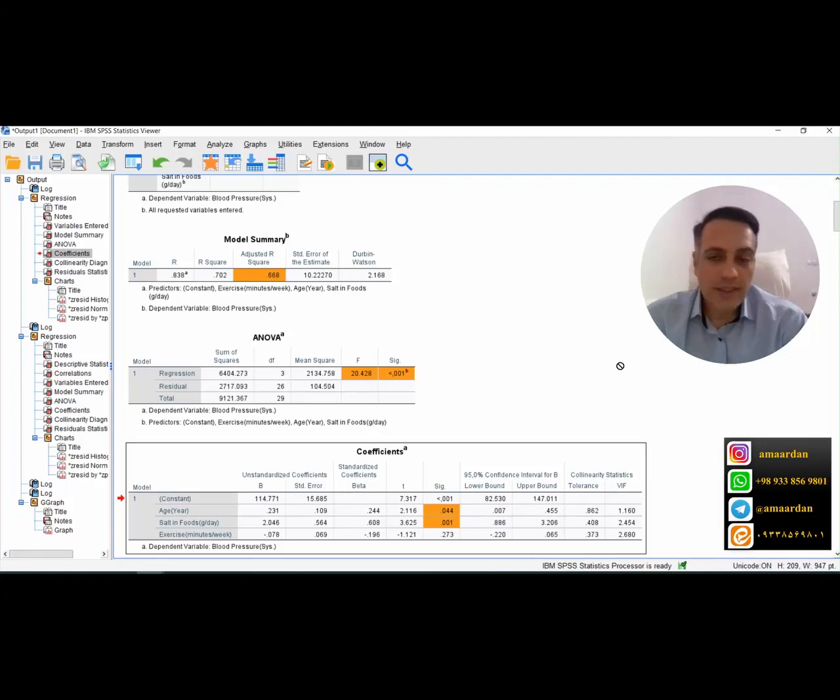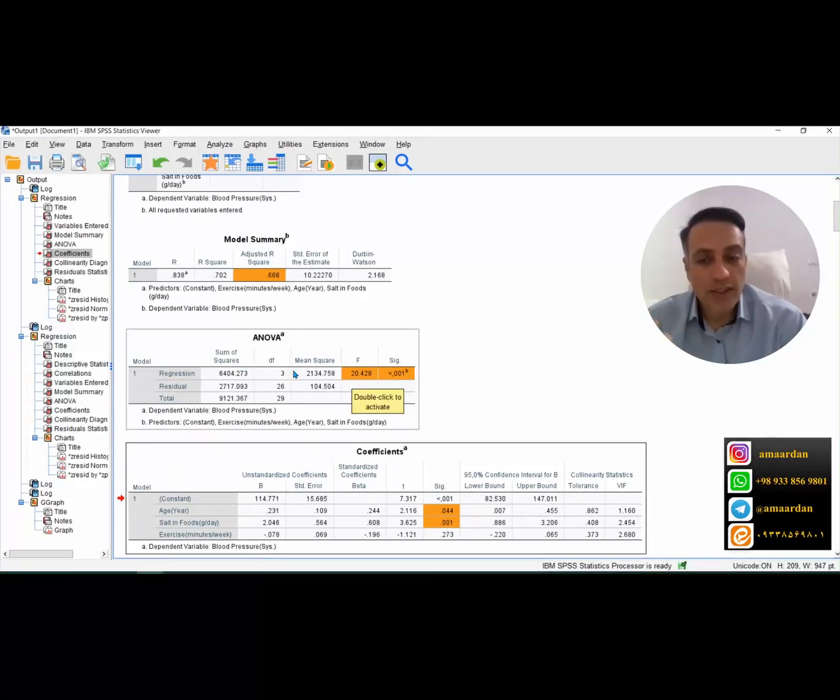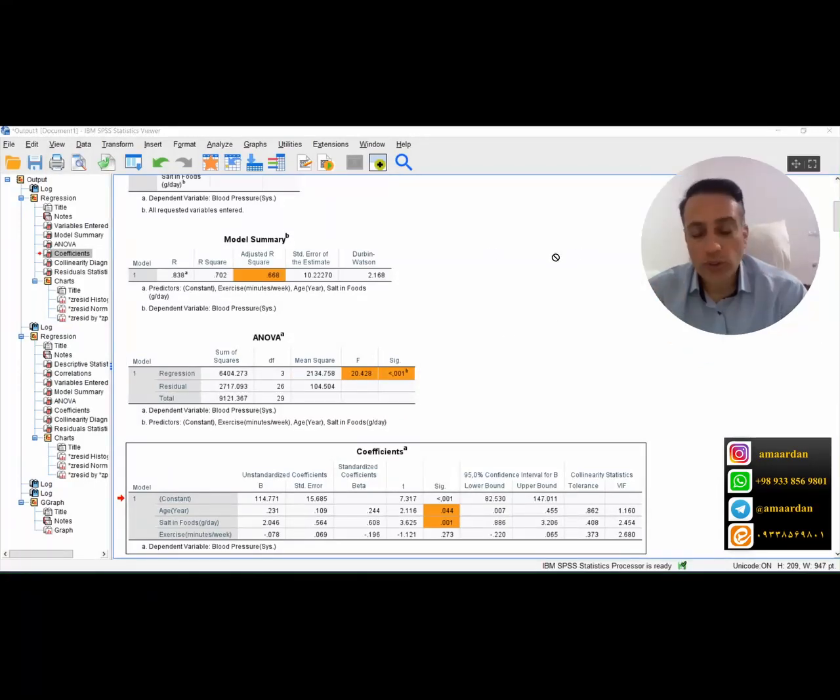Okay, guys, now we can interpret our tables. The first things you need to write in your reports are the analysis of variance tables and the regression significance. But how do you report this?